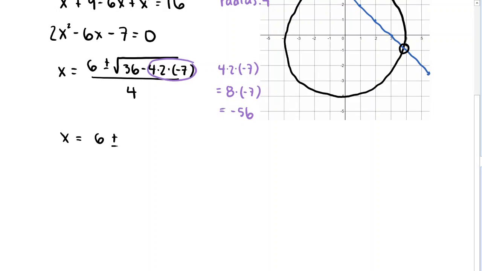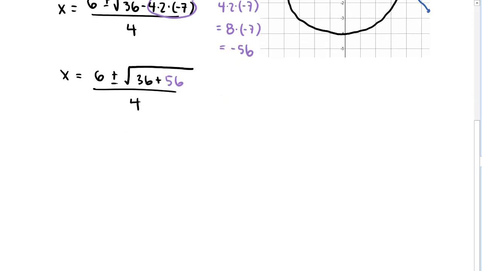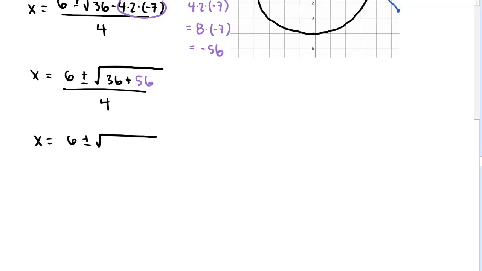This is 6 plus or minus the square root of 36 plus 56, all divided by 4. And so we get x is equal to 6 plus or minus the square root of 36 plus 56, which is 92.